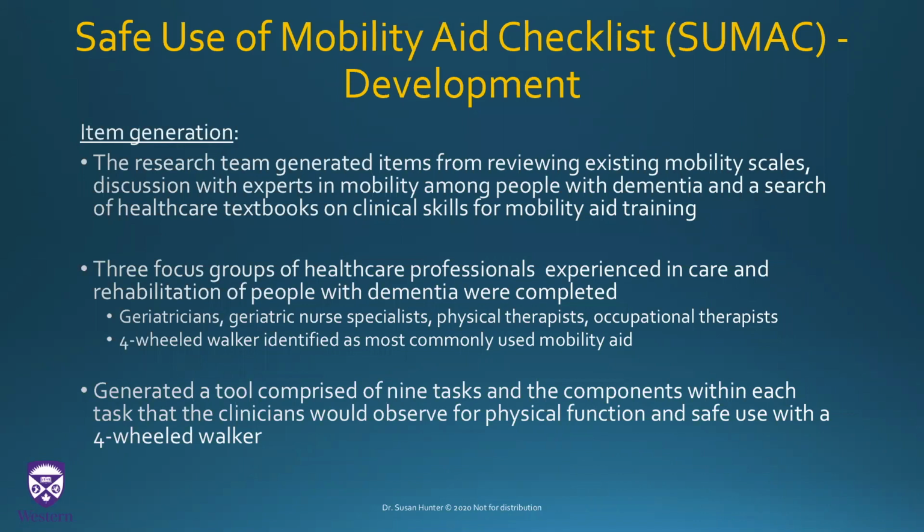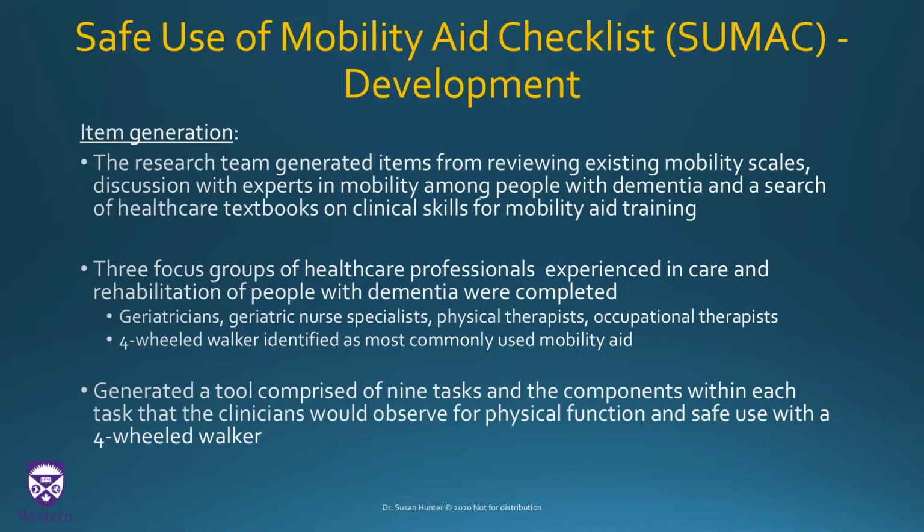And when we talk to clinicians about how's the best way to proceed with this, we ask them, would they see a benefit of us developing a scale that would evaluate safety? And we found that yes, there was positive feedback because it would allow a standardized means of looking at safety. All healthcare professionals involved in someone's care would know explicitly what has been assessed and what components have been assessed.